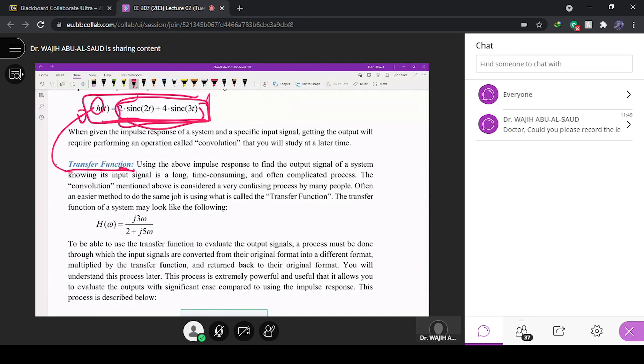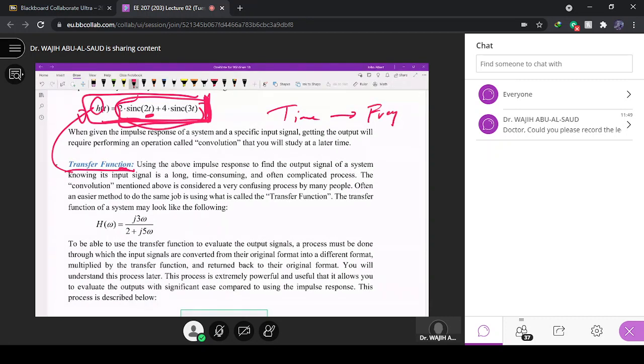If you know the transfer function, you can find the output of the system by doing a transformation for two things. You have to take the impulse response and transform it from what we call time domain to frequency domain, from time to frequency.